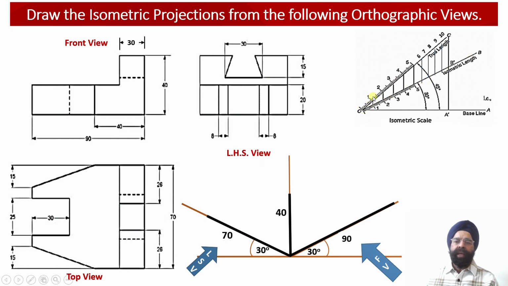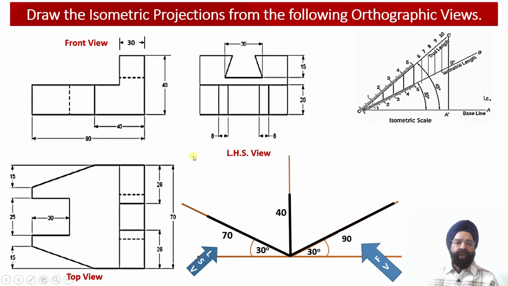All the true length dimensions available with us in the orthographic projections will be plotted alongside the true length scale, and the corresponding isometric length dimensions we are going to evaluate.